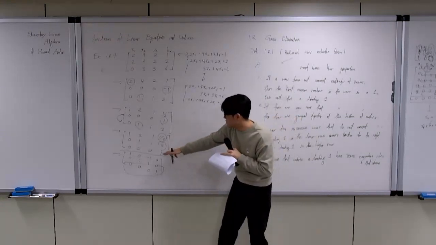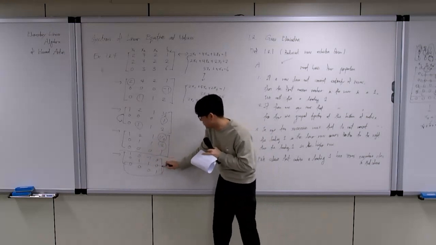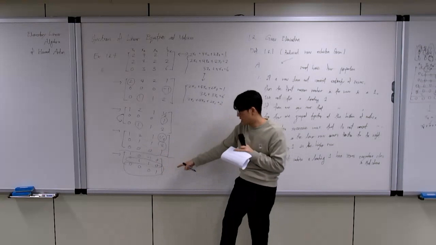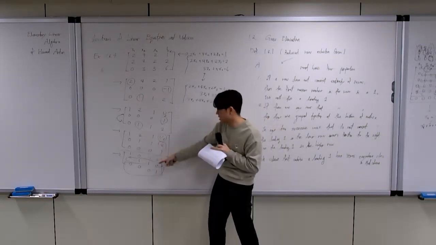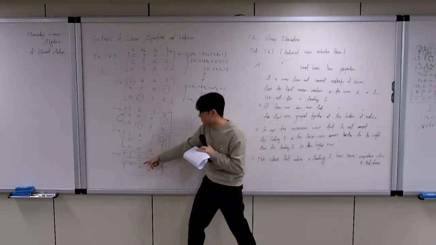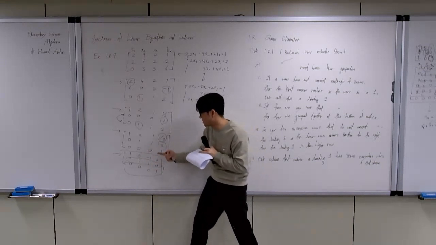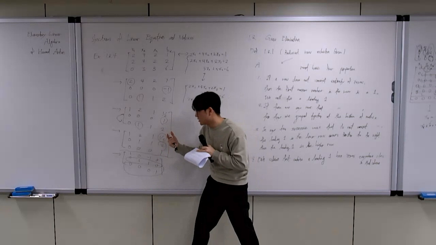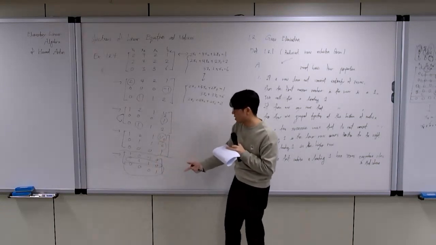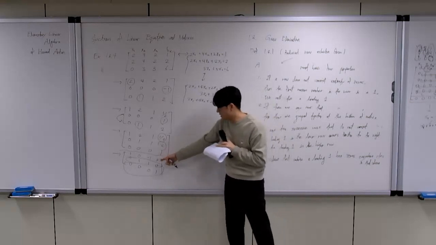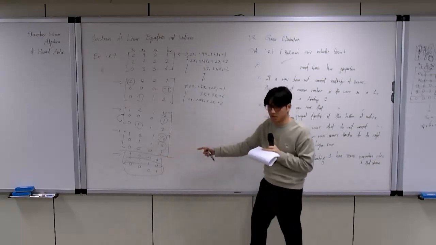And also from that, we can get the second row, and by subtracting 2 times the first row from the second row, we can get this augmented matrix.